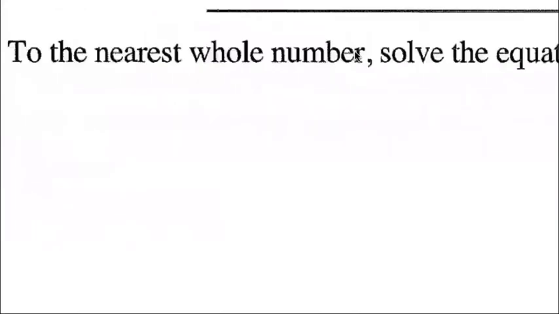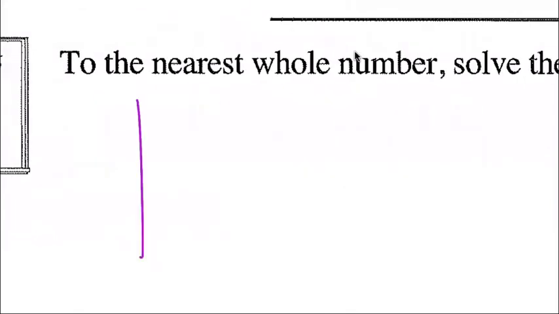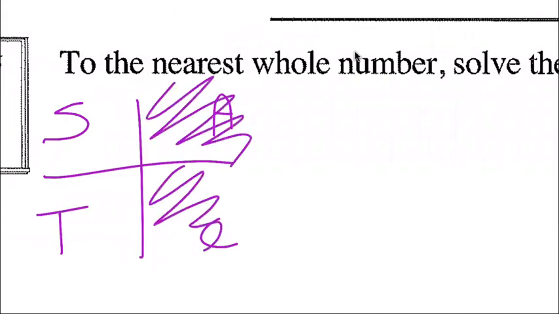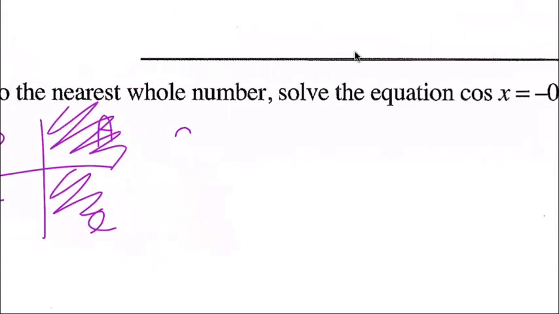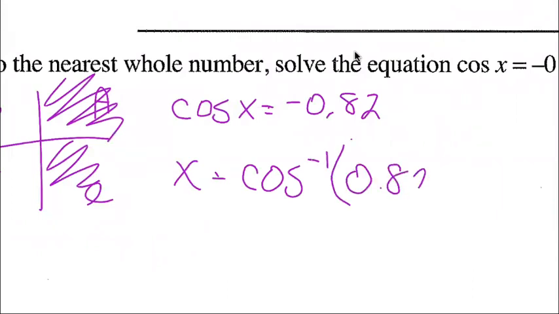So where is cosine negative? Back to purple, using my CAST rule. Cosine is not negative here, and it's not negative here. So it's in quadrants 2 and 3. Cosine x is equal to negative 0.82. So to find x, I'm going to do the inverse function of cosine of the absolute value, 0.82.